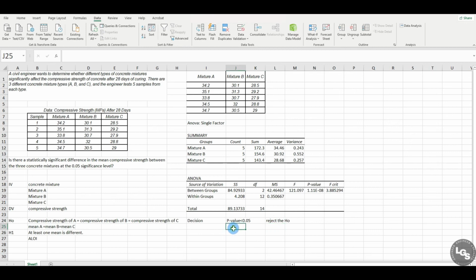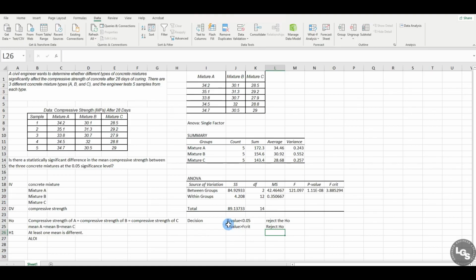Or we can also use the F critical. If the F value or the F statistic is greater than the F critical, we reject the H0.